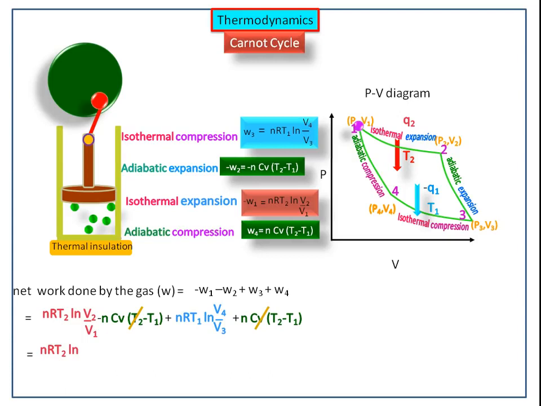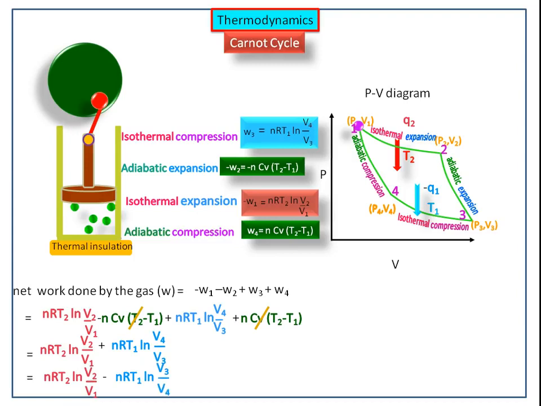Next we have nRT2 ln V2 by V1 plus nRT1 ln V4 by V3. By inverting V4 by V3, we get a negative sign between nRT2 ln V2 by V1 and nRT1 ln V3 by V4.